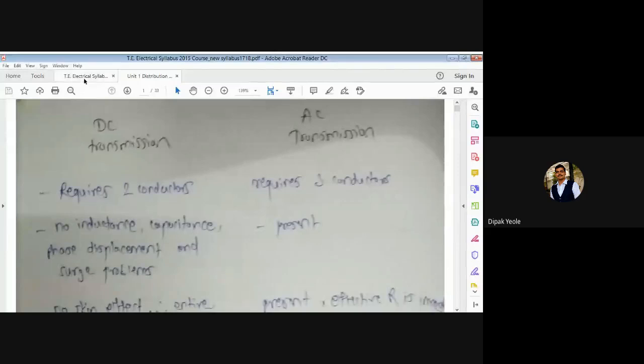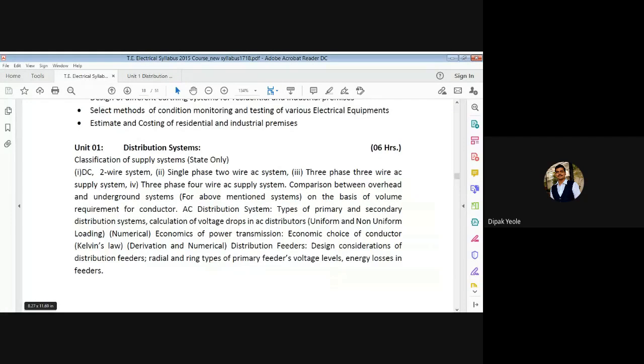Now we will start with the revision. I hope now you are aware of what questions can be asked from unit number 1. So this is the unit number 1 syllabus, and believe me, this point is very important. That point is nothing but Kelvin's law. So I want to highlight this point. You have to do this very clearly.